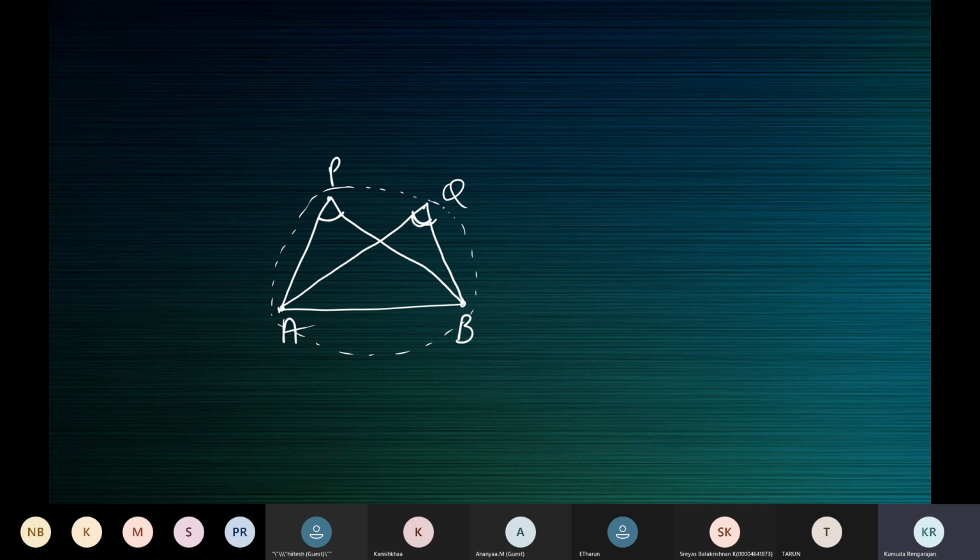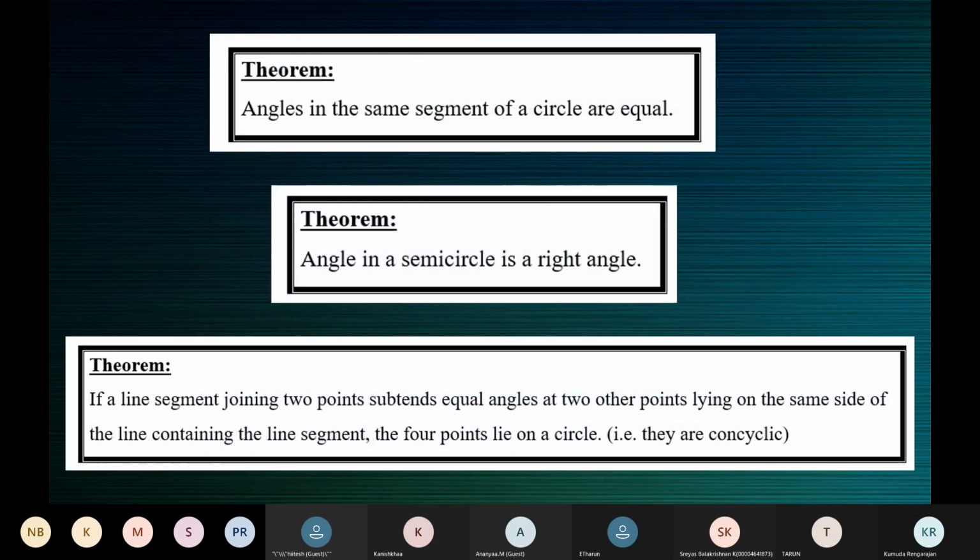Angles in the same segment of a circle are equal. So if 2 such angles are equal, you can draw a circle passing through them. So that's the theorem.